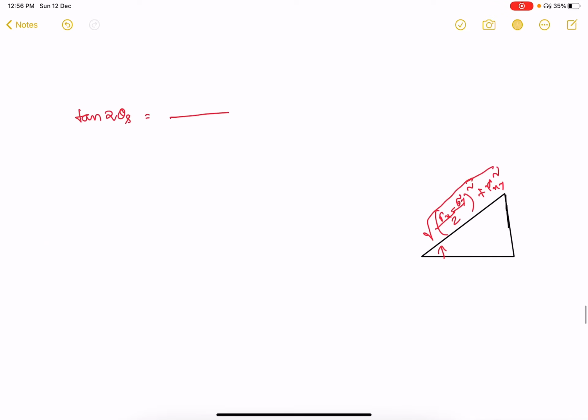So tan twice theta p is twice tau xy divided by sigma x minus sigma y, and tan twice theta s is the negative reciprocal, sigma x minus sigma y divided by 2 over tau xy.